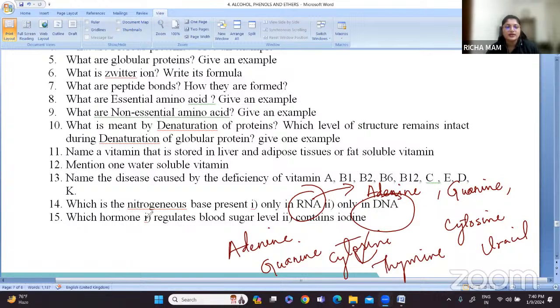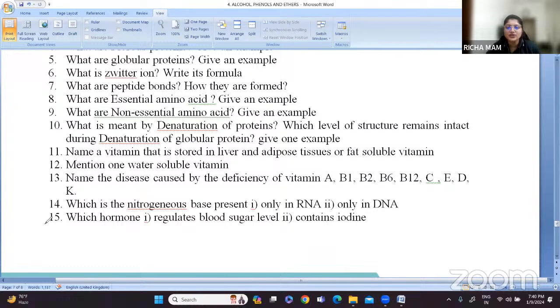Next. Which hormone regulates blood sugar level, and which contains iodine? Insulin and glucagon regulate the blood sugar level.